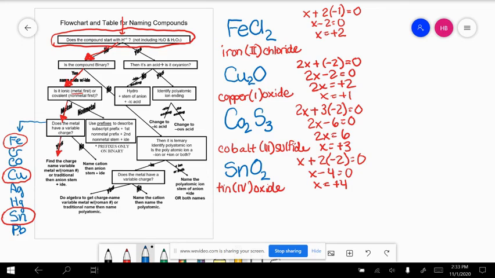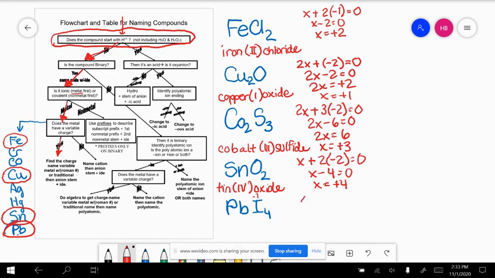I'm going to do one more. I know that lead is a metal, so this is a binary ionic compound with a variable charge metal on it, which is lead. Now let's look at what I'm talking about here. Iodine's always a -1, but there's 4 of them back there. So lead's got to be a +4.